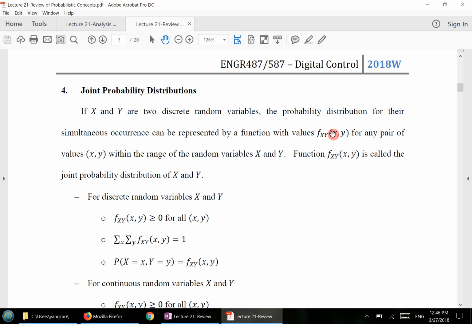If you use f(x, y), that tells you the probability for x equal to this value and y equal to this value, and you get a certain probability from the probability distribution function.